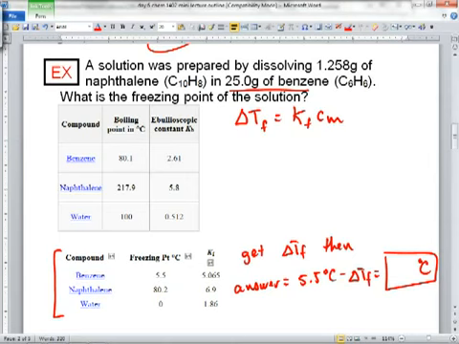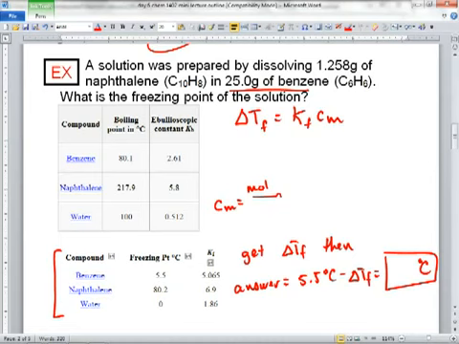Good idea. My Cm, if you look at the equations, it's the moles of solute all over the kilograms of solvent, but let's not write the word solute. Instead, Sochi, let's put moles of naphthalene, right?